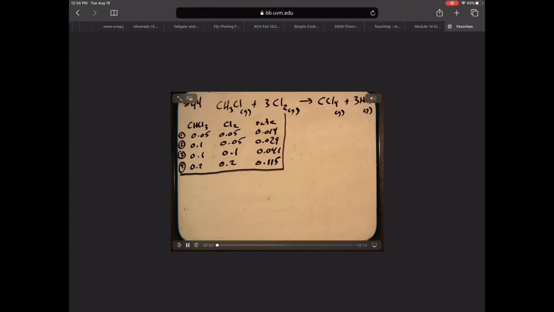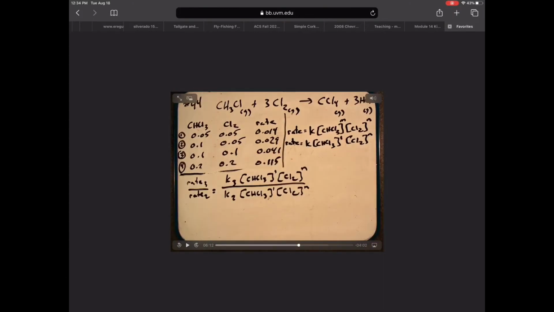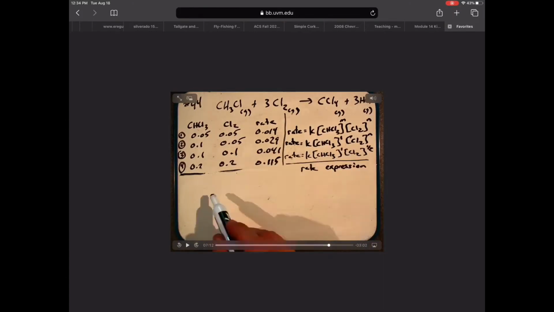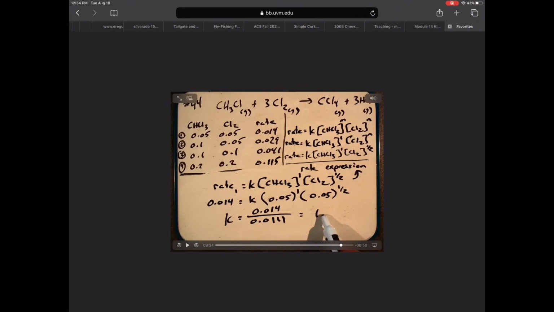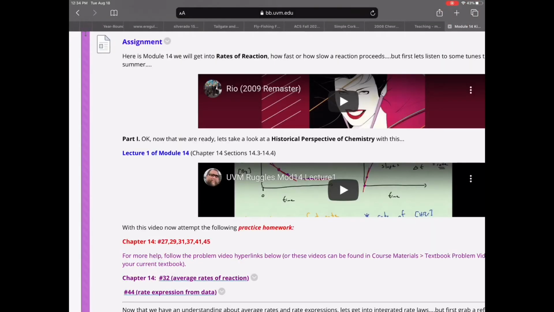It'll take me to a video in chapter 13, number 44, to help me out with that particular problem. And so it walks through the different ways that we can have it. So basically mini lectures, these little videos that we can find in those purple links.